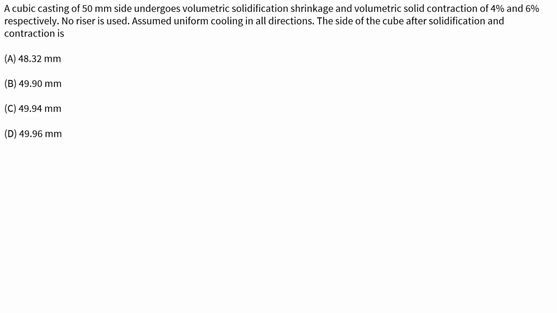So what are they saying? Volumetric shrinkage. It is a cubic casting, so 50 cube was the original volume. First the volumetric contraction is 4%, so 4% means 0.96 is remaining, right? And another 6% more, so if I subtract 6%, it becomes 94%, so 0.94 is remaining.